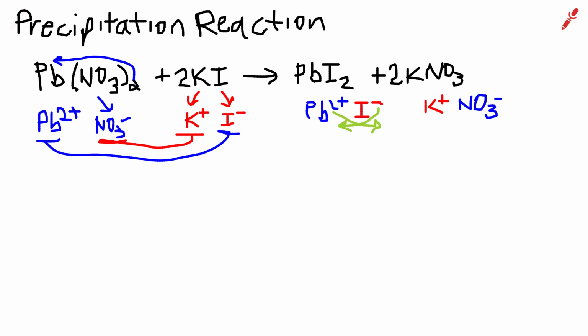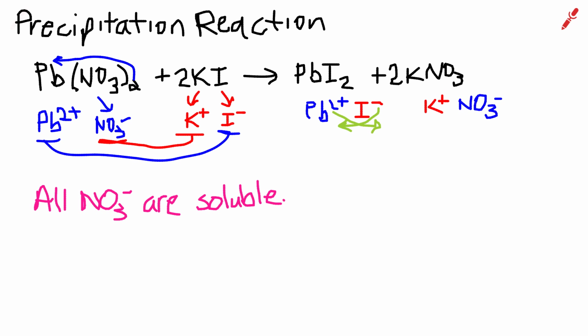In the notes, Rule 2 says that all nitrates, NO3 minus, are soluble. It doesn't matter what nitrate is paired up with. So that indicates that this is aq, and that makes sense because it had to be aqueous to begin with, but it also indicates that this over here is aq.